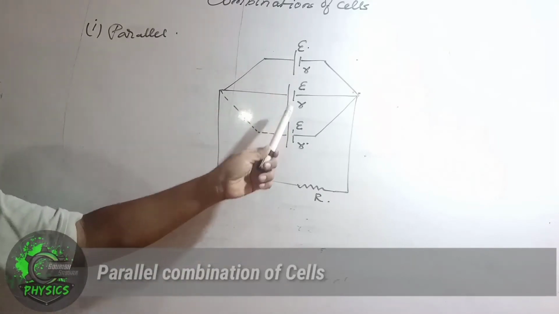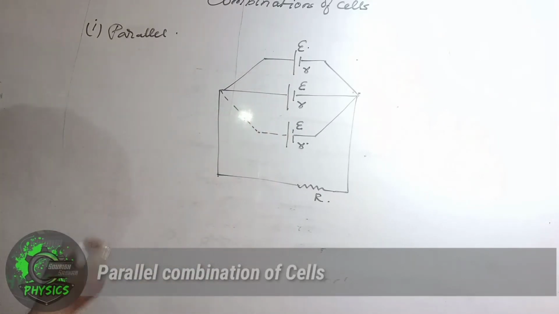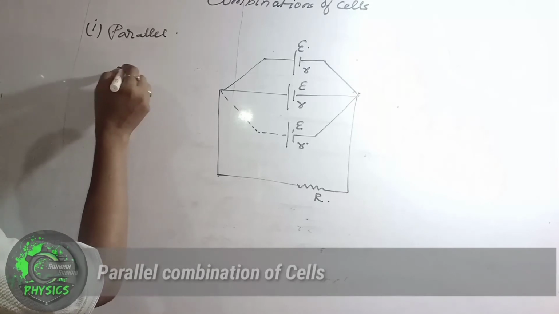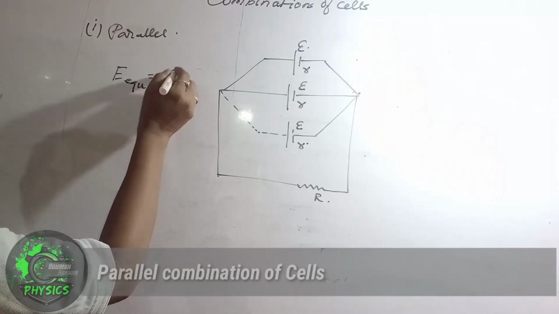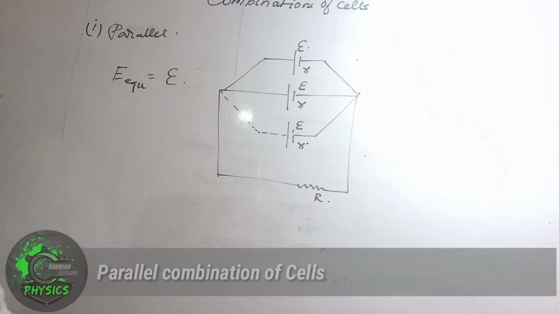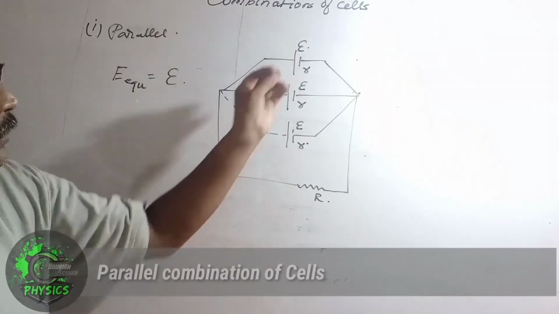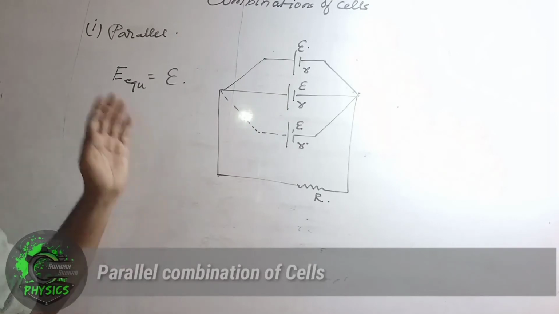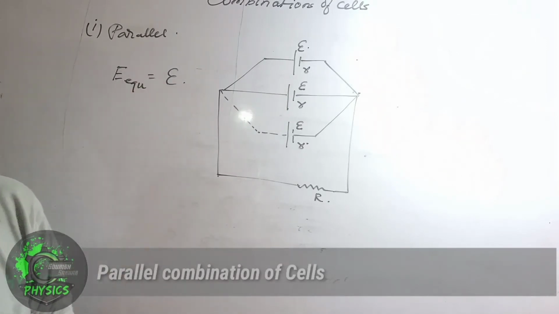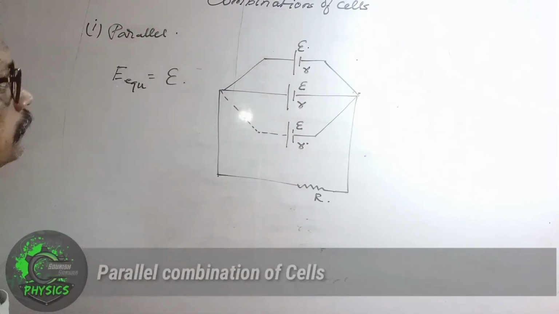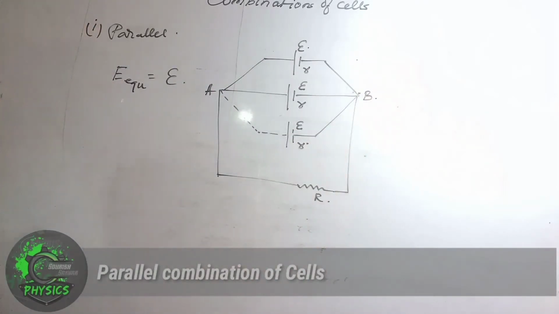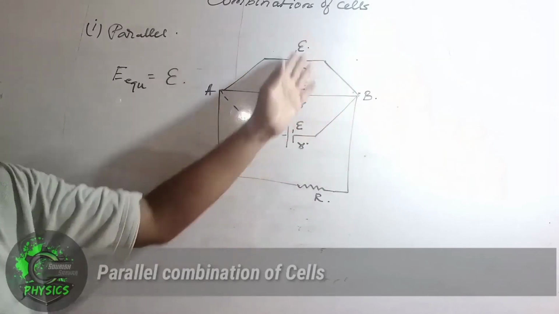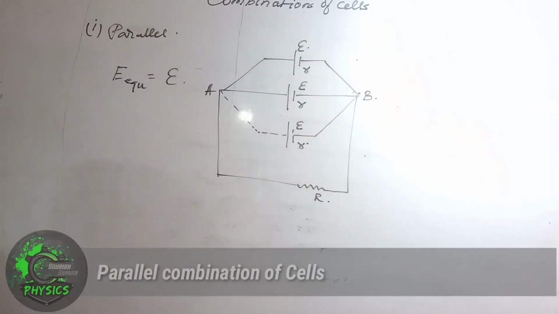E equivalent will be equal to the EMF of one cell. You can connect 100 cells, each of EMF 1.5 volt, and you will get equivalent EMF 1.5 volt, because they are connected to the same two terminals A and B, so the potential difference between these two terminals through any cell remains the same.